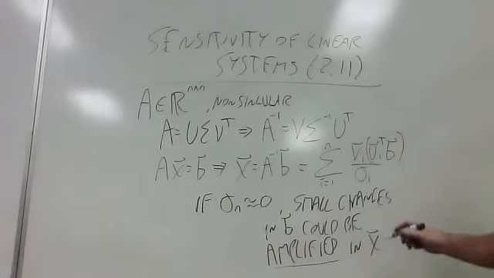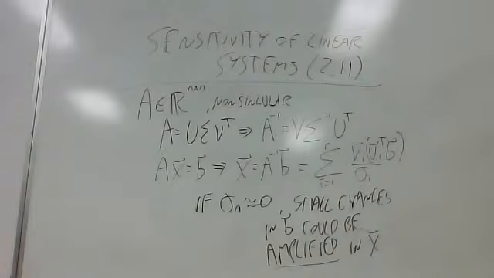in the solution x. So you might think, oh, I'm making a tiny change in A or a tiny change in b, so the solution x is not going to be thrown off by very much. Well, that could happen, but not necessarily. You can't be sure, because depending on the properties of A, like how close it is to a matrix that is singular, a tiny change in A or a tiny change in b could really throw off x.